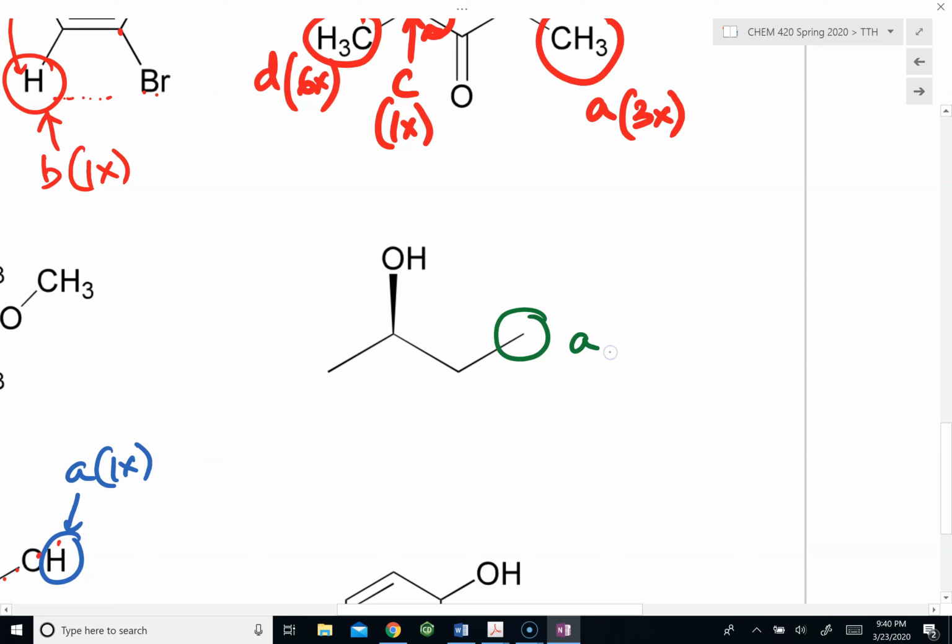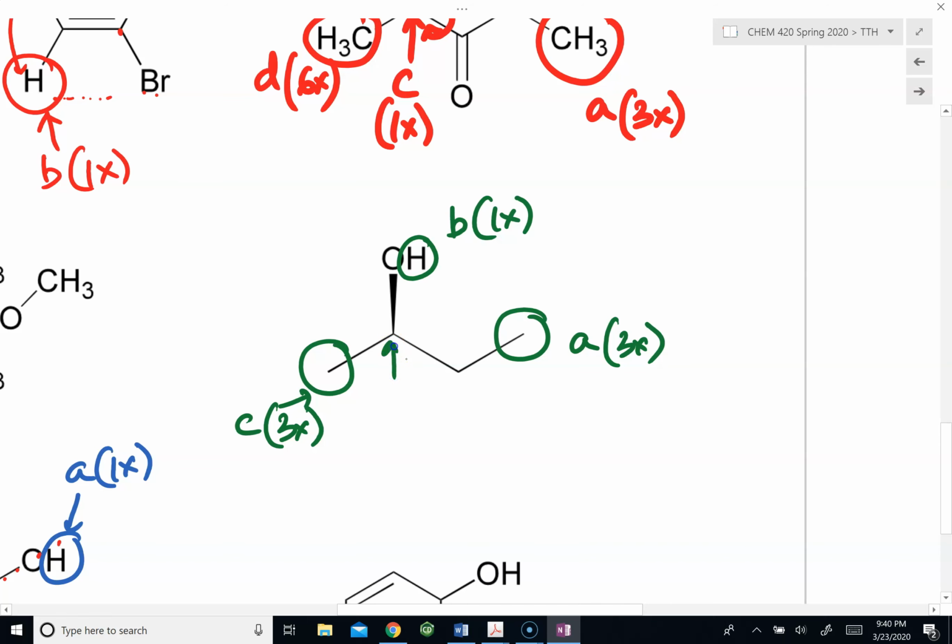So let's call that signal A with 3 times the intensity. This hydrogen over here will give us another signal, and let's call this signal B with 1 times the intensity. The 3 methyl groups in here are the same, and that will be signal C with 3 times the intensity. There will be another signal in here, and that will be signal D with 1 times the intensity.